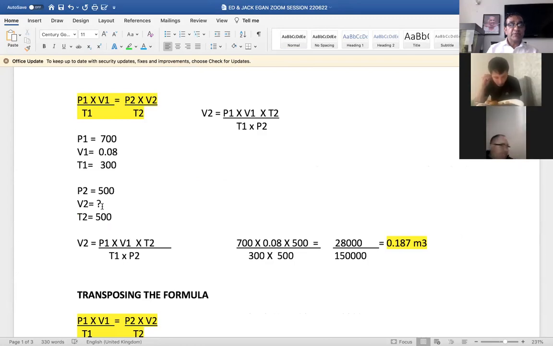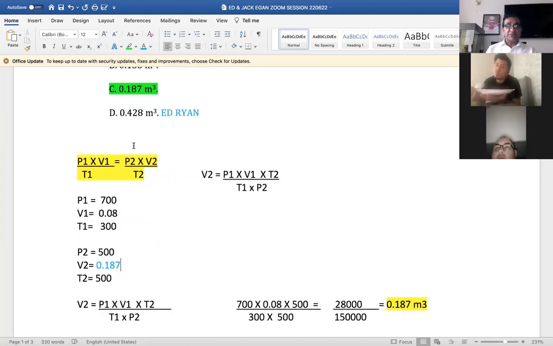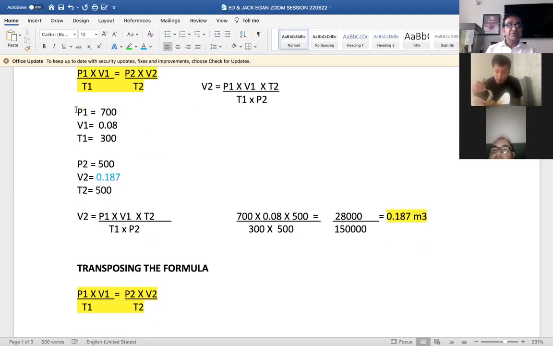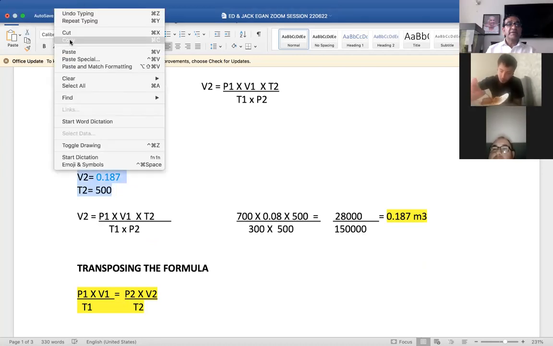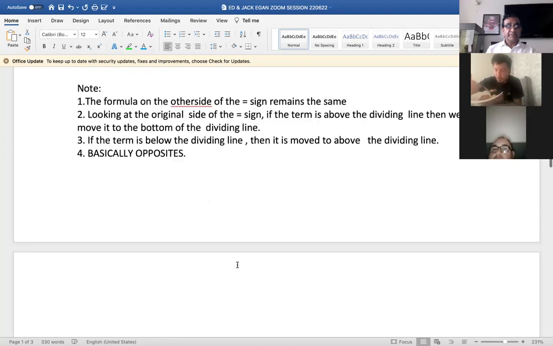Now we've found that first answer, and I'm going to put it in blue. That was 0.187, remember? That was the answer. All I'm saying is by rearranging the formula, we should get the right answers. So I'm going to copy that.